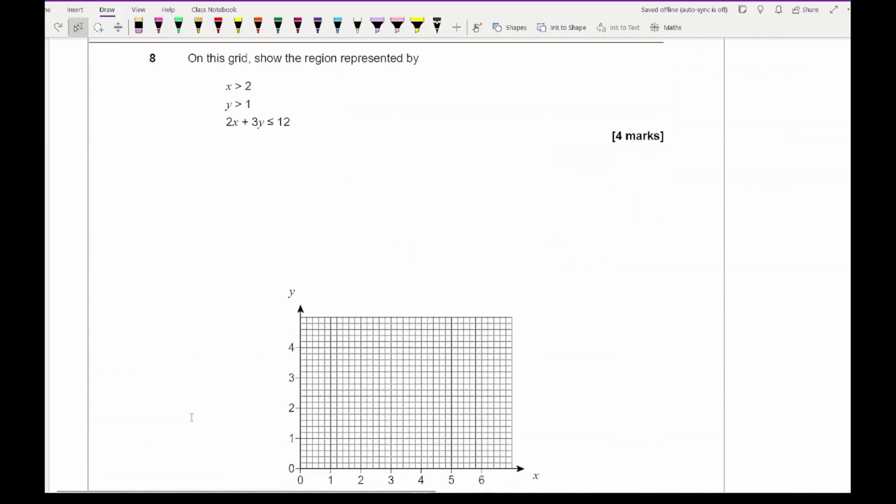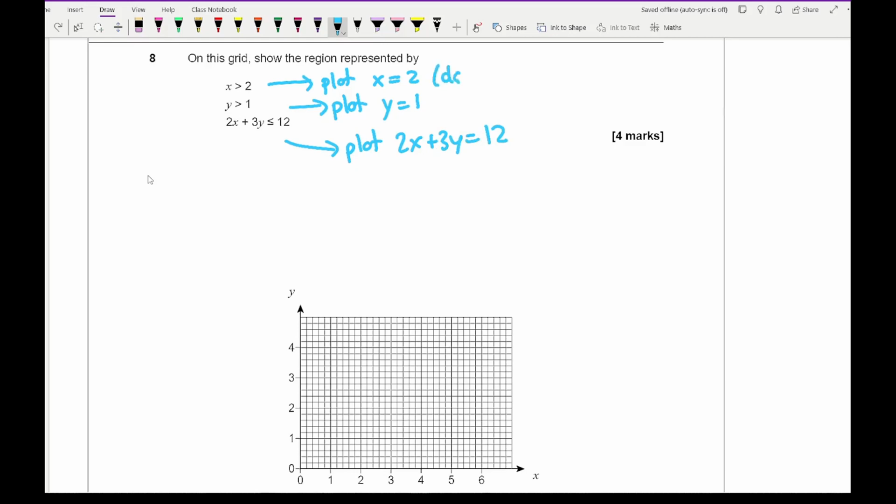Then moving on to our next question, it says on the grid, show the region represented by, and then we've got this region here. Now we need to plot x equals 2, y equals 1, and we also need to plot 2x plus 3y equals 12. We've got to have a dashed line for the first two, and a solid line for the third one.